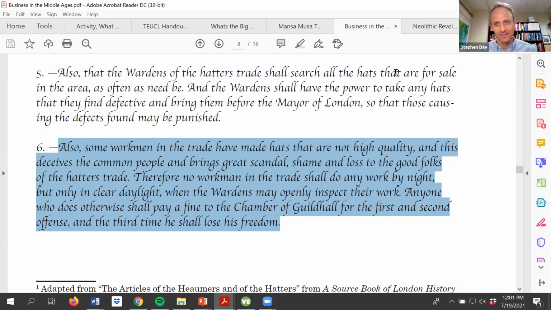Doesn't that sound like central planning for a medieval society? You know what's going on here is it's protectionism. What you've got is the guild that is trying to lock out competition.